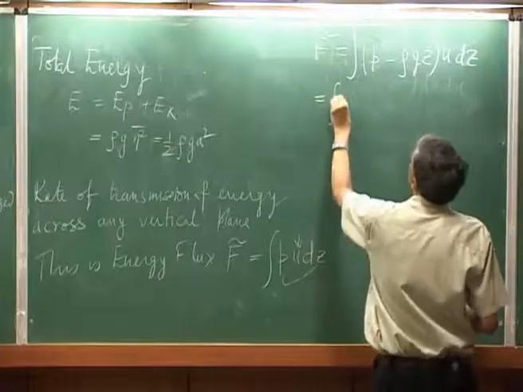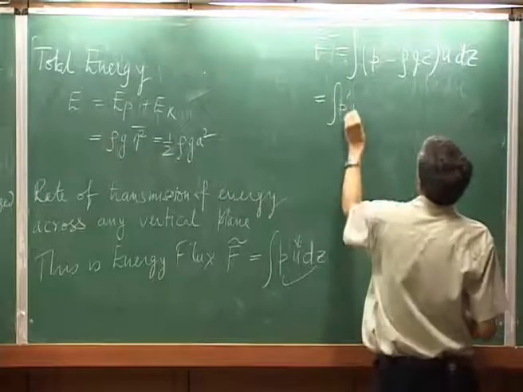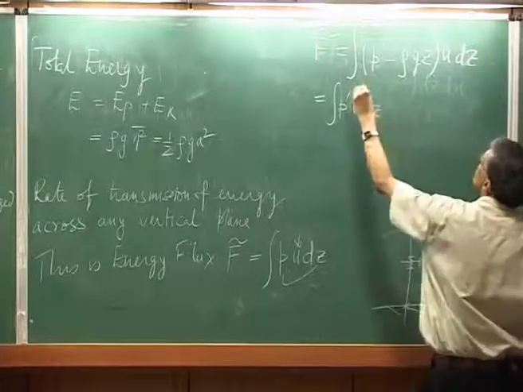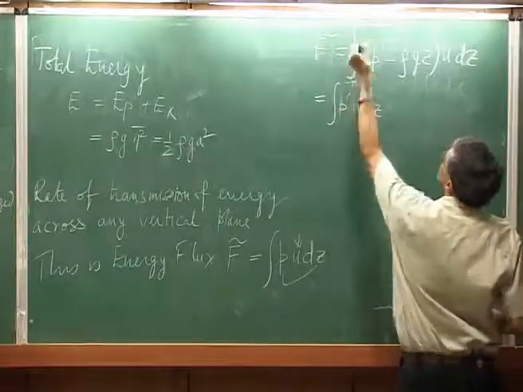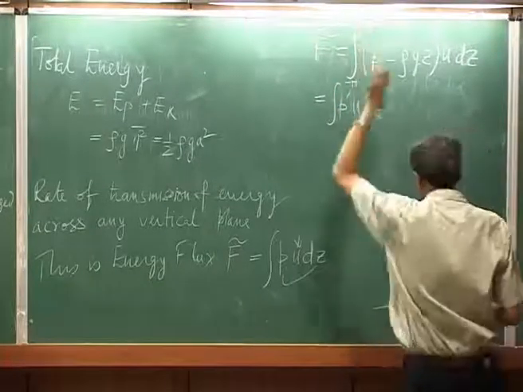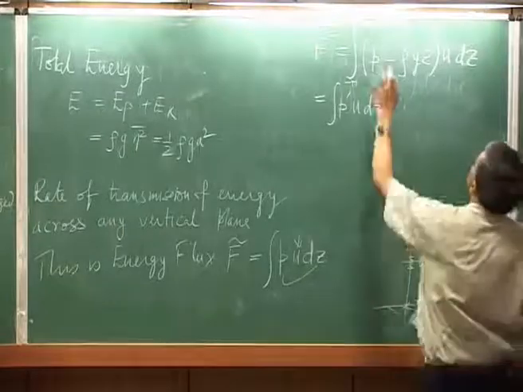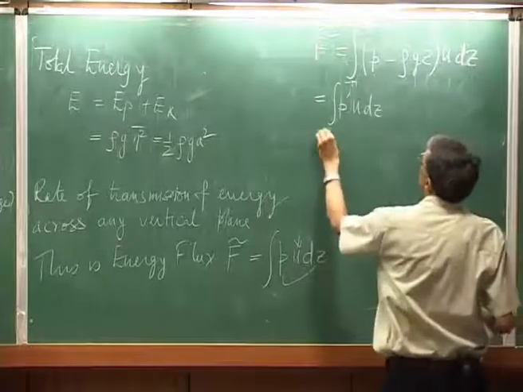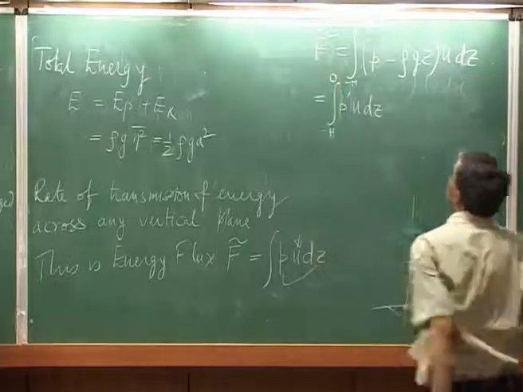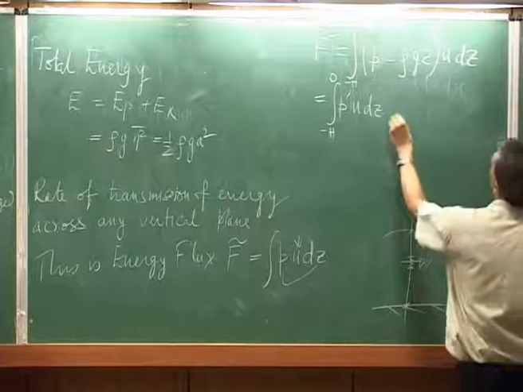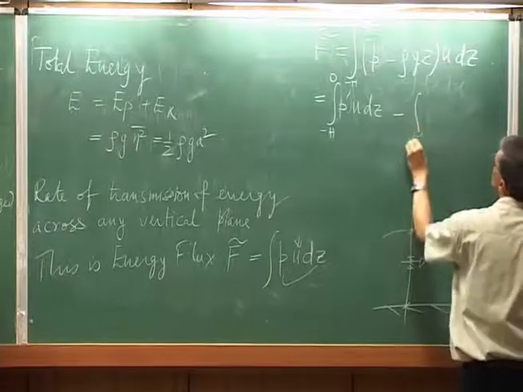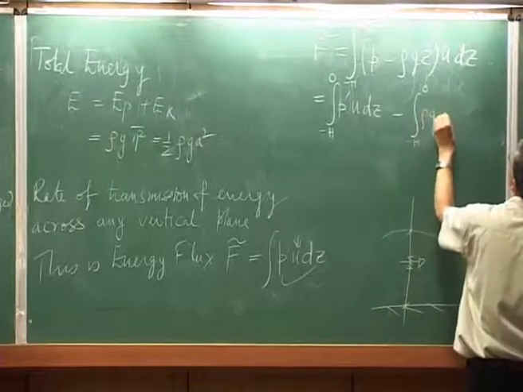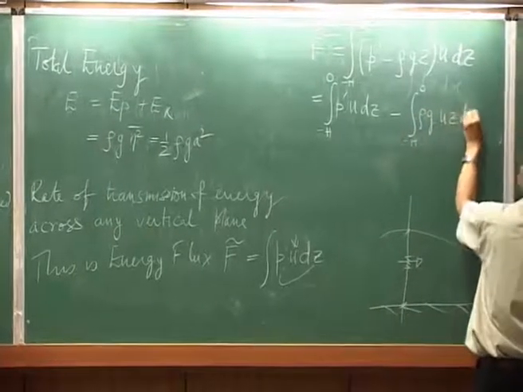One would of course be coming from the fluctuating pressure part, and the other part. So, this you understand. So, this is going from minus h to whatever eta or 0. I mean, it will probably take the corresponding linearized version and we will do that. So, you can set the limit here minus h to 0, and the other part would be minus h to 0, you have rho g z u dz.